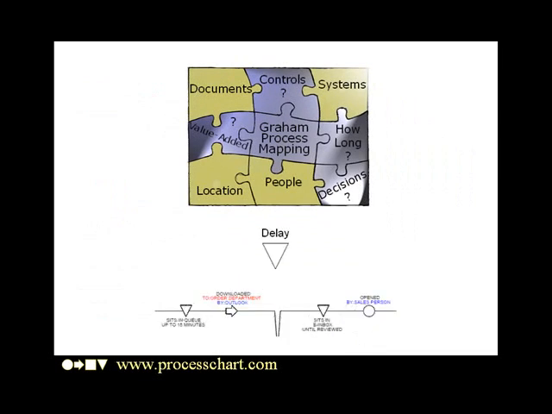Times can be captured at every step, but are typically displayed with those steps where time is a concern, particularly with delays, where something that could be worked on right now is sitting in an inbox or is someplace else where it's not being used. Delays are apparent on Graham process maps.